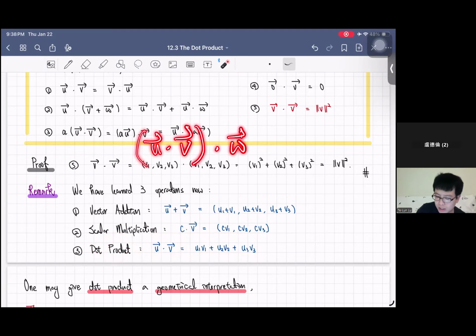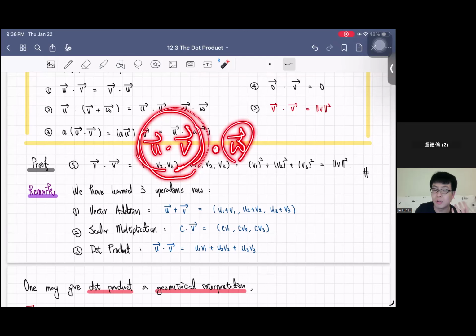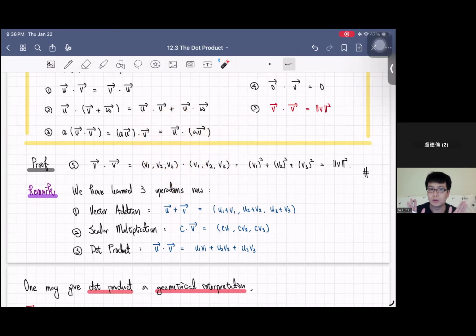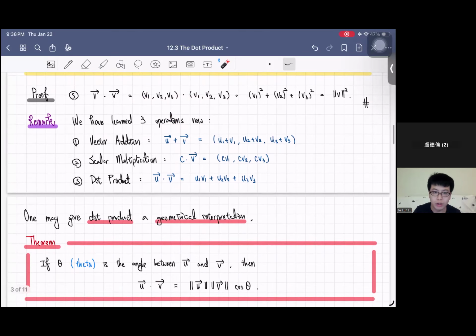If you take the dot product between 2 vectors, and then you take another dot product between this thing and that thing, it's not well defined because this is a scalar and this is a vector. So at most, you can say that this is a scalar multiplication, right? But you cannot do dot product between a vector and a scalar, right? Okay, make sure you're aware of what is the input and what is the output of these operations.